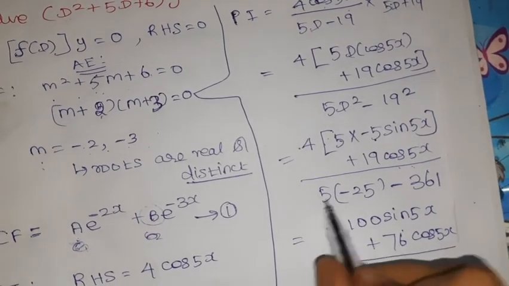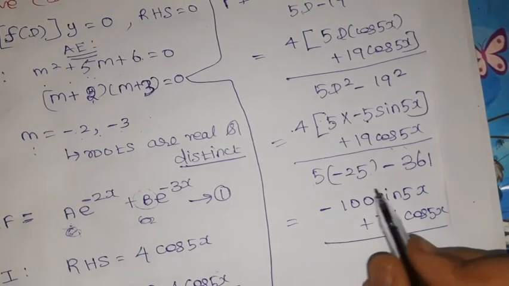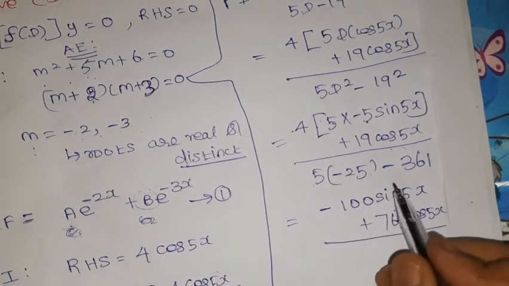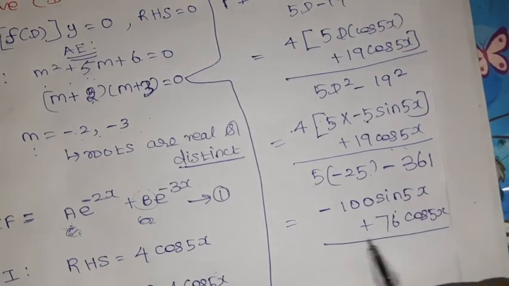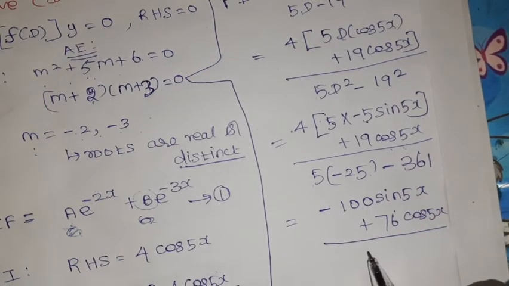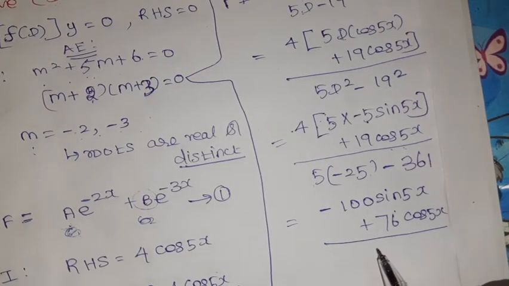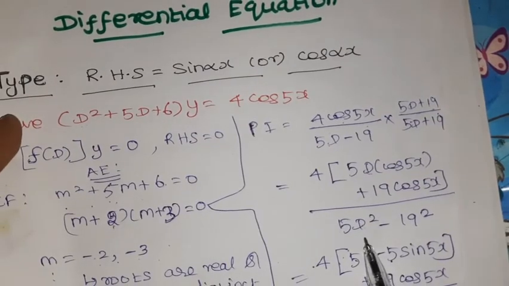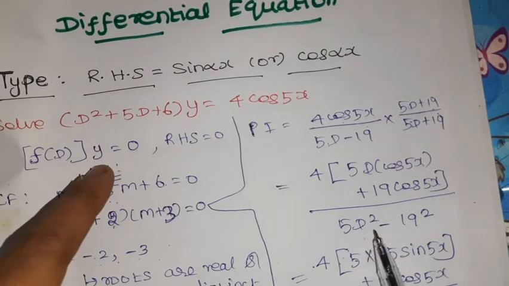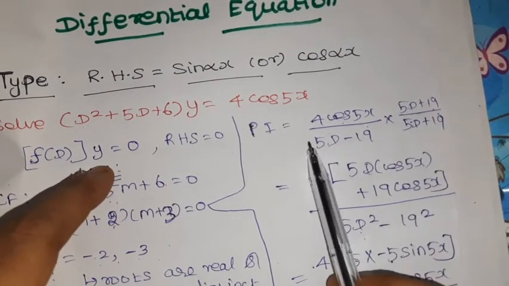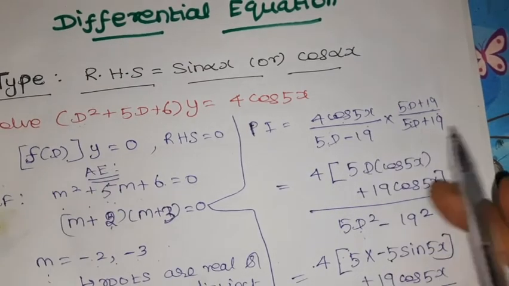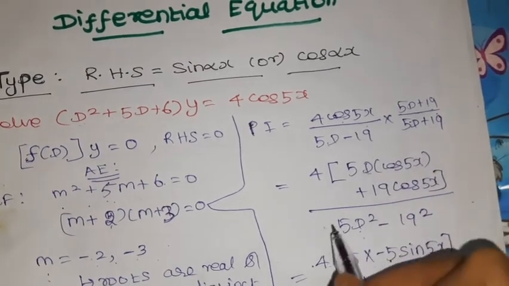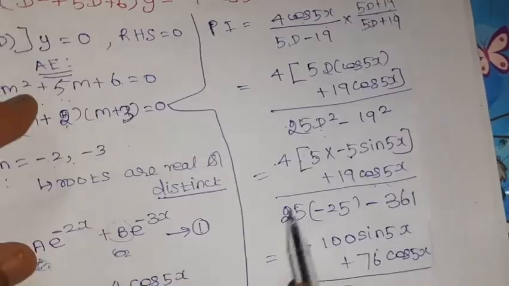In the denominator, minus 25 squared. Actually this is not 5D squared, it is 25D squared. (a plus b) into (a minus b) is a squared minus b squared, so (5D) the whole squared we get 25D squared, which is 25 into minus 25, minus 361.